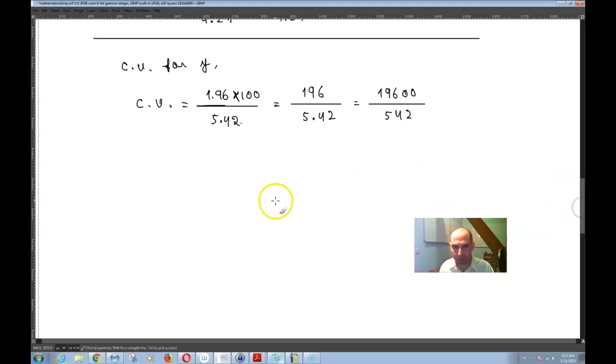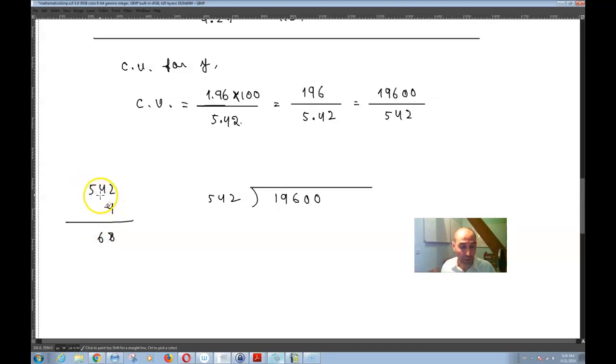And to calculate that, 19600 divided by 542 is basically around 2500. So 4 times what? But 4 times doesn't really fit. 542 times 4 is equal to 2168, and that's 21. So that doesn't fit.